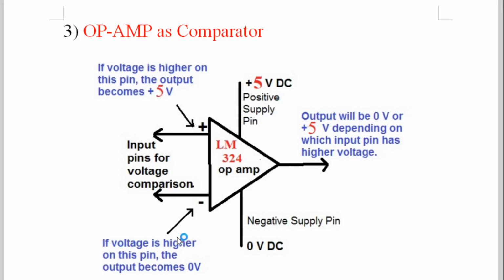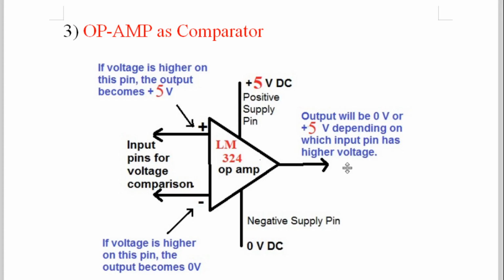And here it is written vice versa: whenever the voltage at the inverting pin, the minus pin, is greater than the voltage at the non-inverting pin, then the output will become low voltage level. And our low voltage means what? 0 volt, not minus, because the op-amp is used on a single power supply.